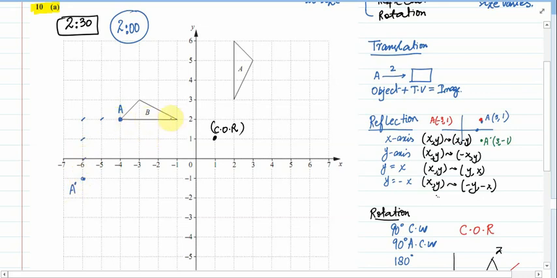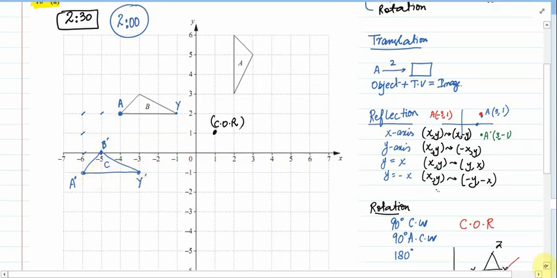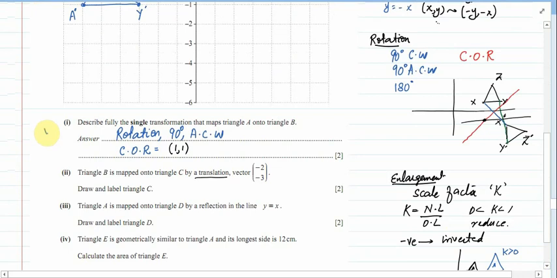From this point, let's say this is Y, we have 1, 2 and 3, and the same for Y dash, and B is here. So that is your triangle C after the translation. Moving on to the next part.